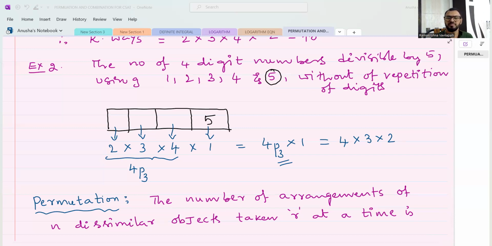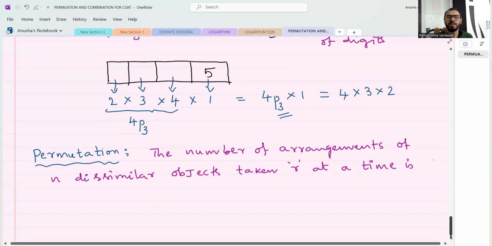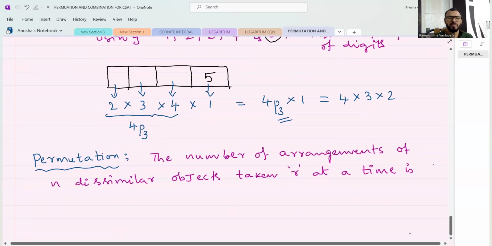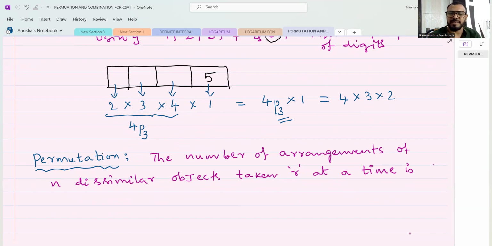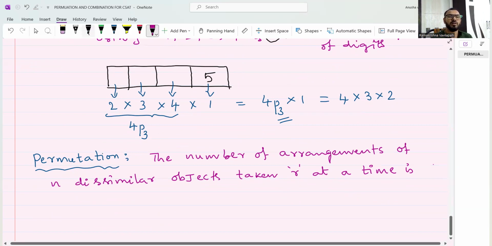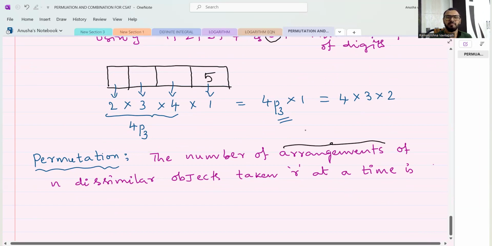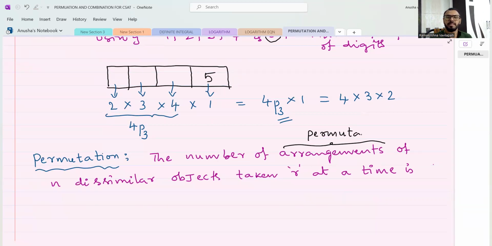Permutation. The number of arrangements of n dissimilar objects, n dissimilar objects means all are distinct, taken r at a time. In place of arrangement, they can give permutation also. Permute means just the order of objects is changed.